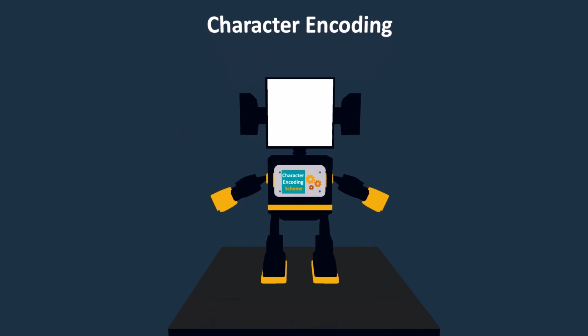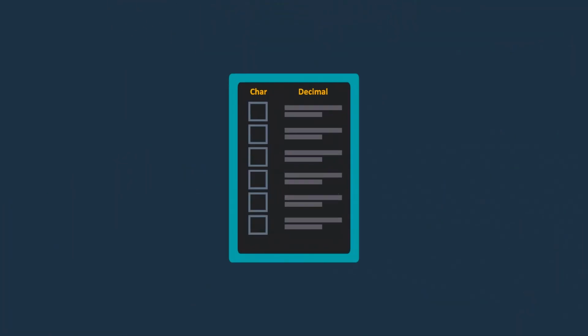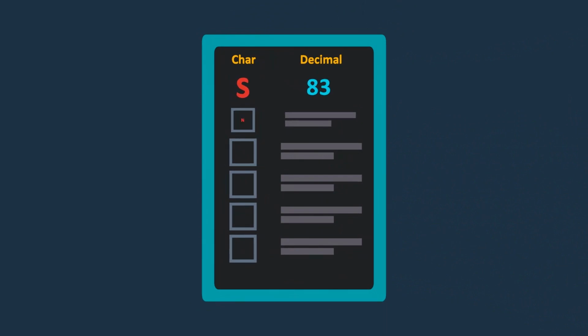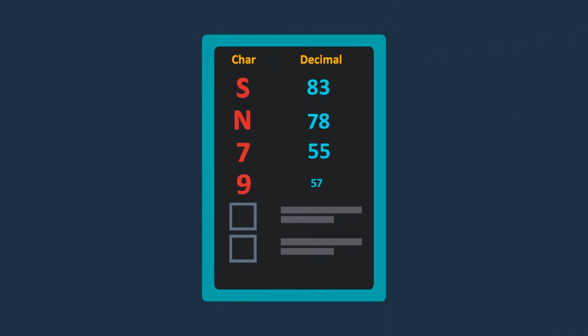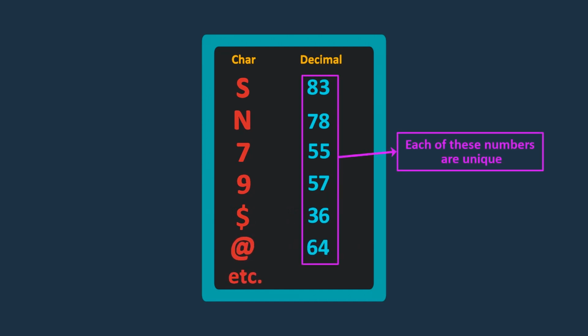Character encoding uses encoding schemes to convert characters into a binary format. Each encoding scheme defines the specific rules to convert each character into a code point that computers can understand.